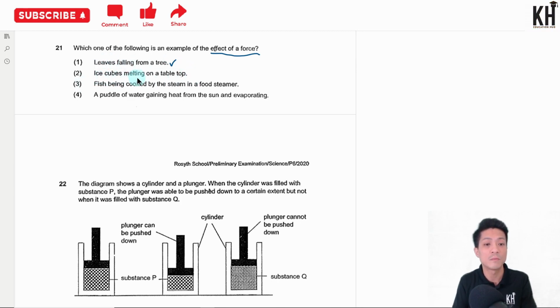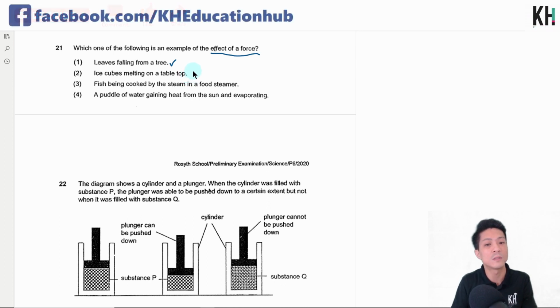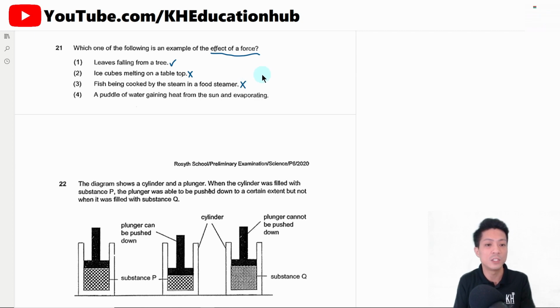Ice cubes melting on the tabletop is not an example of a force, it is an example of energy gain. Fish being cooked by the steam is also an example of heat energy gain. Pot of water gaining heat, yep, this is also heat energy gain. So the answer is number 1.